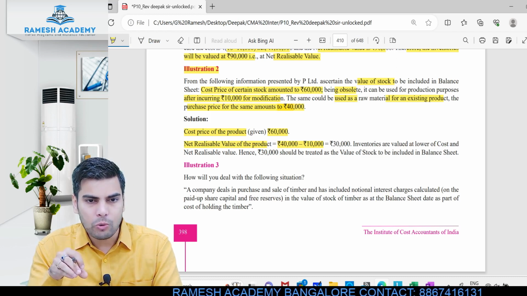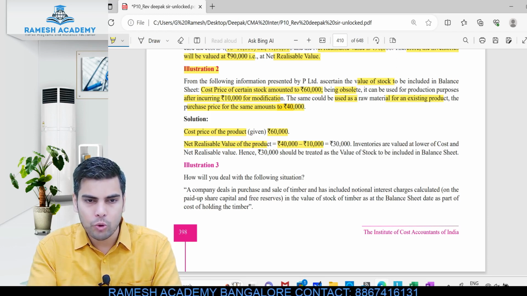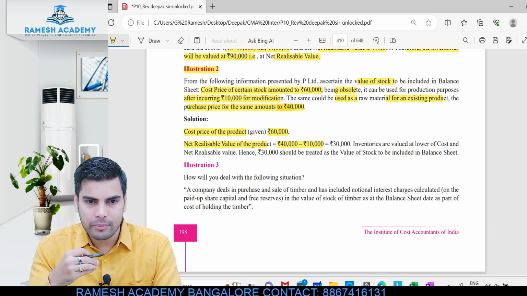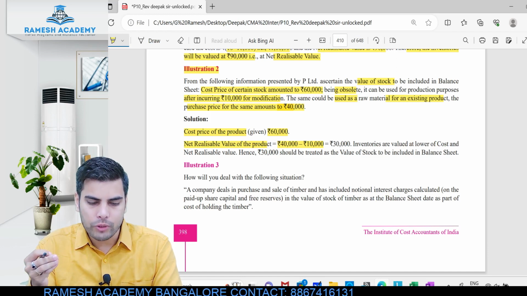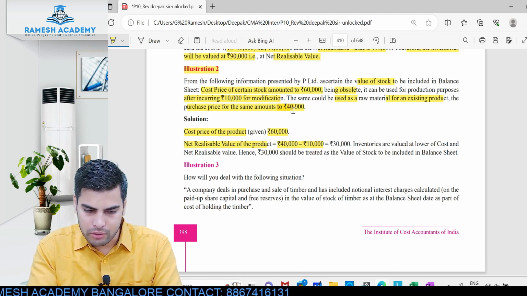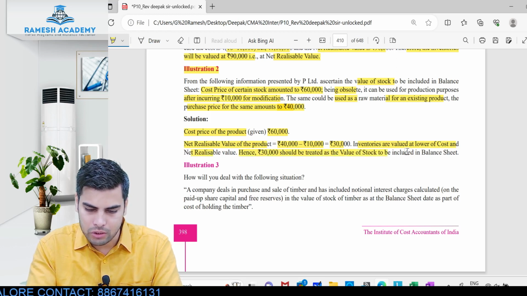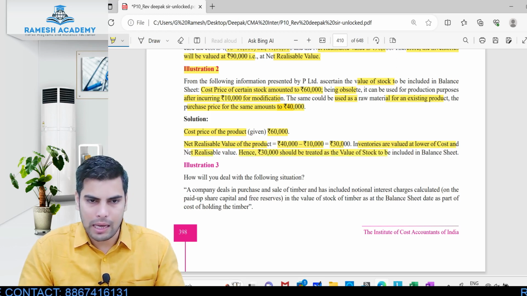If you purchase a similar product, you will have to spend 40,000 rupees. Here, are you supposed to spend it? No. You already have some existing goods. The only amount which you need to spend is 10,000 rupees towards the modification. Inventories are valued at lower of cost or net realizable value. Hence, 30,000 should be treated as the value of the stock included in the balance sheet.